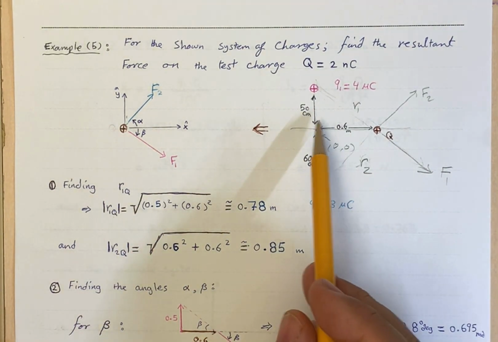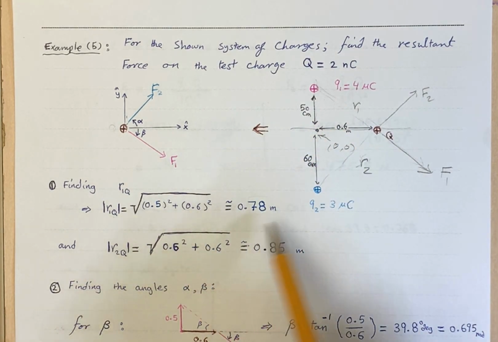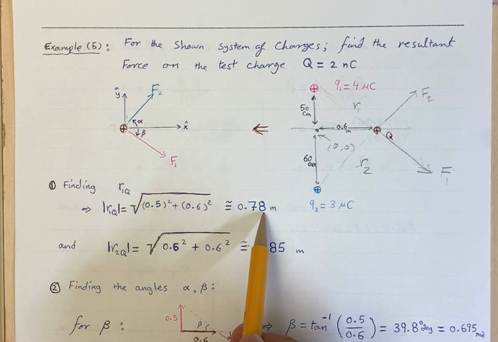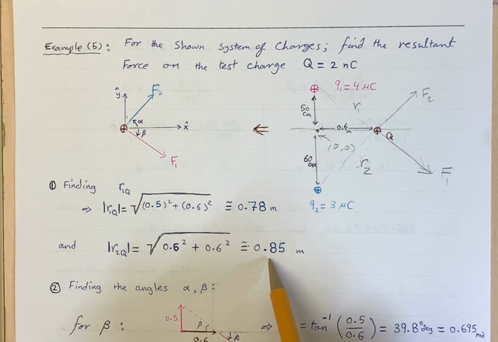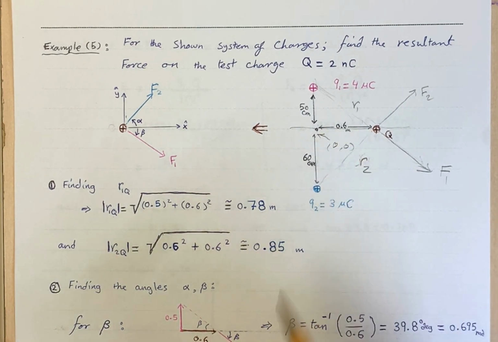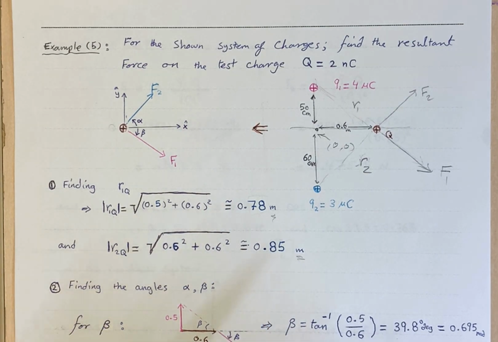Using 50 centimeters and 60 centimeters, I can find that R1 equals 0.78, which is 78 centimeters, and R2 is 85 centimeters. But I need to keep them in the starting unit, which is the meter.